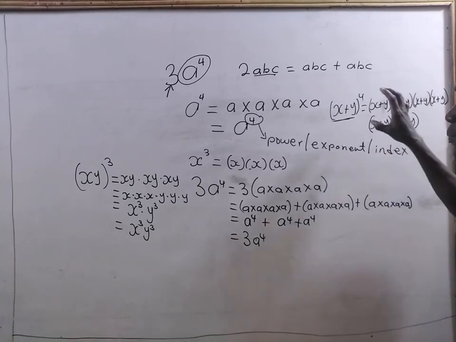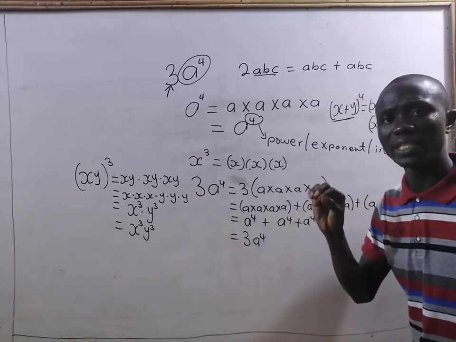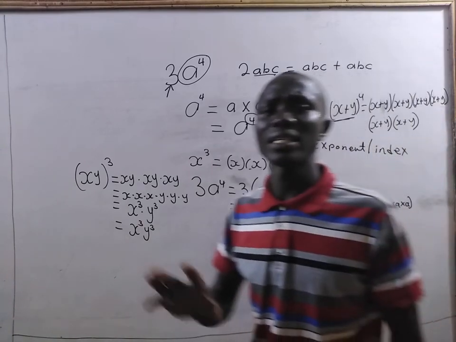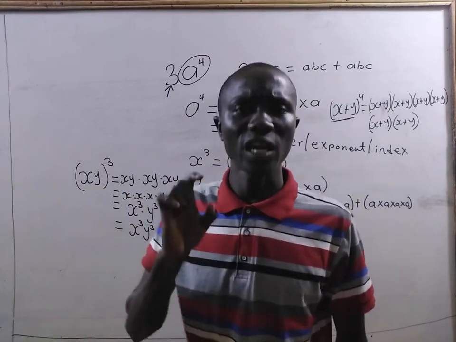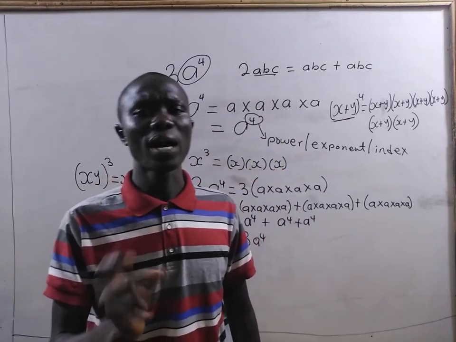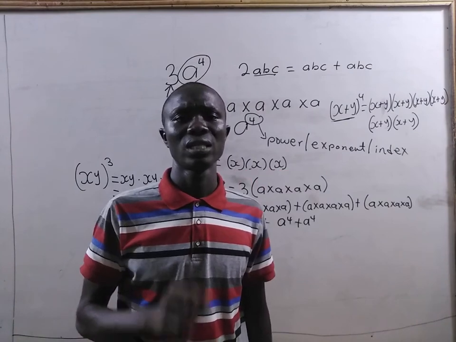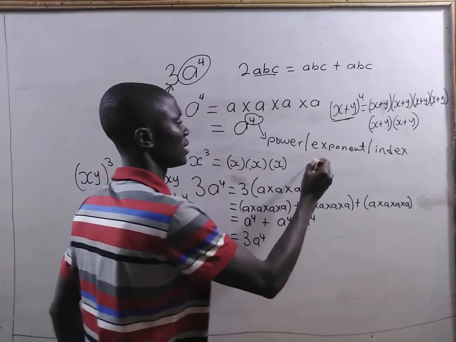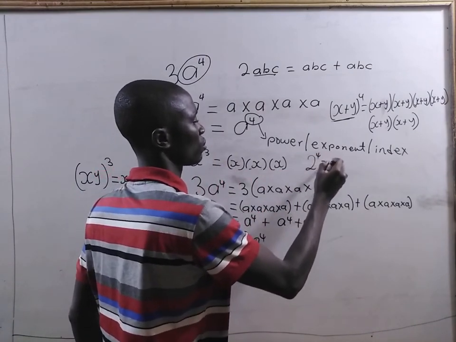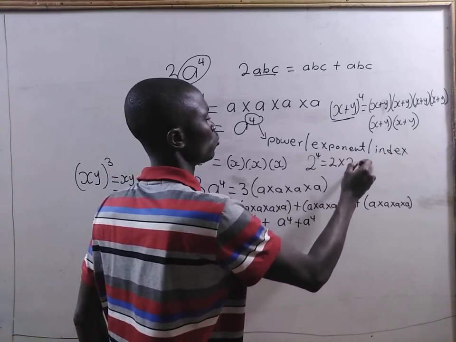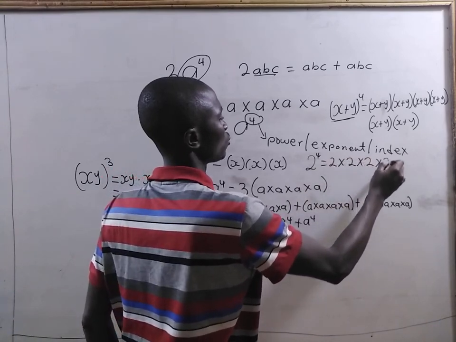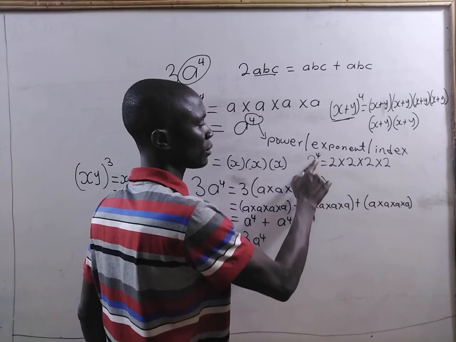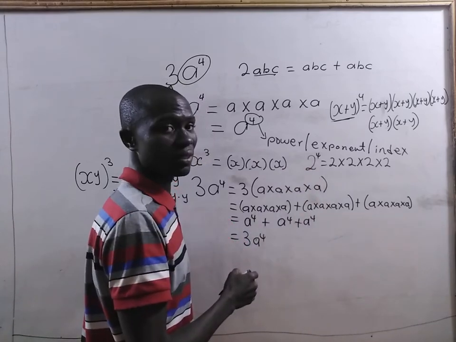Because this bracket also means multiplication. So the power or the exponent or the index tells us the number of times a variable or a number multiplies itself. That is why if I write, let's say, 2 exponent 4, it is 2 times 2 times 2 times 2. That is 2 multiplying itself 4 times.